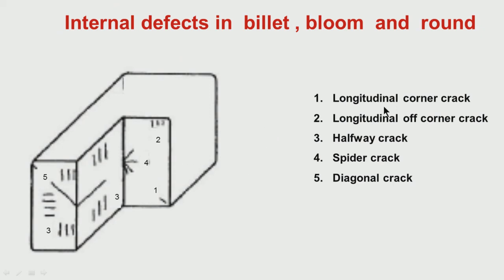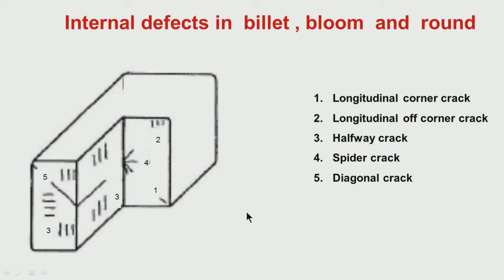So, it is longitudinal corner crack, internal corner crack. Now, we can have longitudinal off corner crack, is 2. Not exactly at the corner region, slightly away from the corner, but it is longitudinal. If you take another section, you will find trace of it.